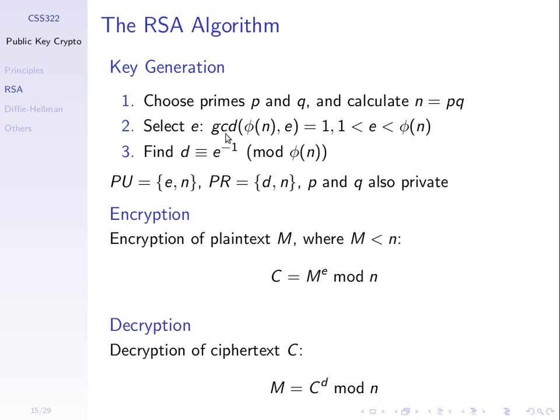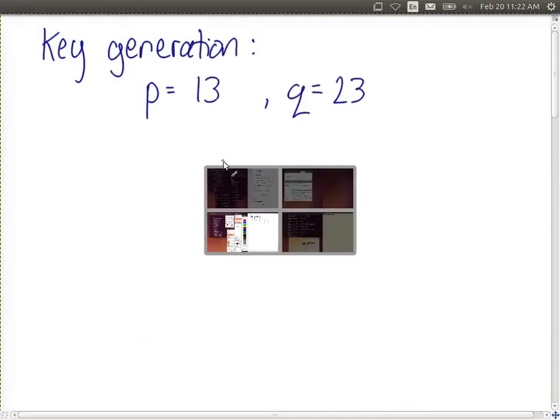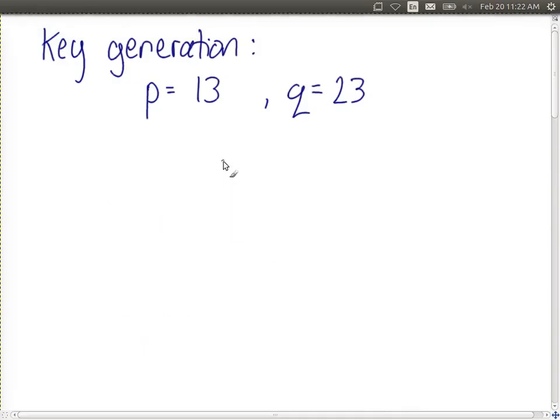Select an E where the greatest common divisor of the totient of N and E is 1, and then find D, where D and E are the multiplicative inverses of each other in the totient of N. That is, E times D mod the totient of N equals 1. So do those steps for a given P and Q, 13 and 23.